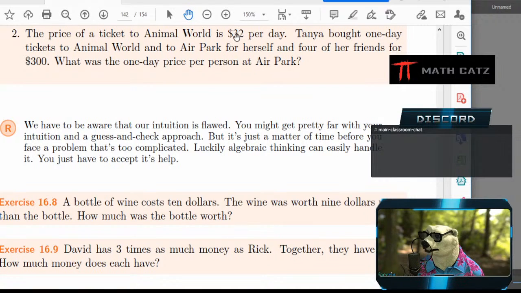So I don't need to have a variable for that. It's 32. The price per person ticket at Air Park is what they want to know. So usually, not absolutely always, but for our level of question, almost always, the thing that they want to know is a good starting point for a variable.